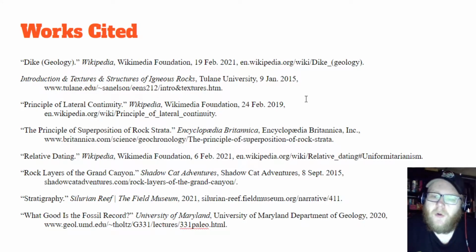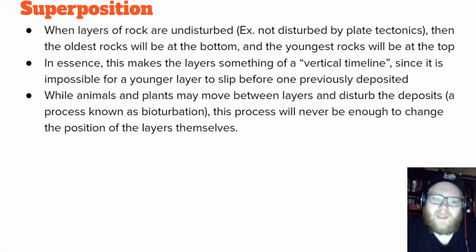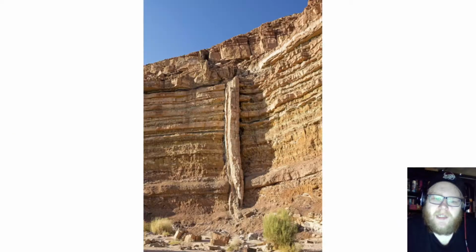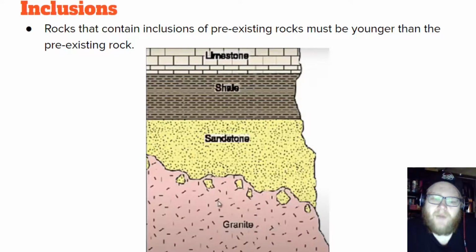Like when you're comparing whole layers of rock, you can use superposition, which we went over, original horizontality, the cross-cutting relationships with dikes, and here's another look at that dike. The inclusions. So if a layer is on top, but it has sediments of itself in the bottom layer, like the sandstone and granite, the sandstone is older.